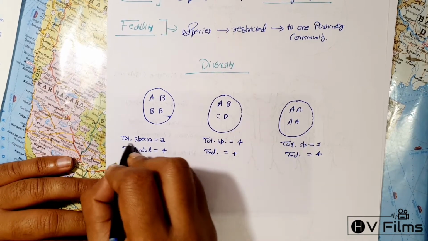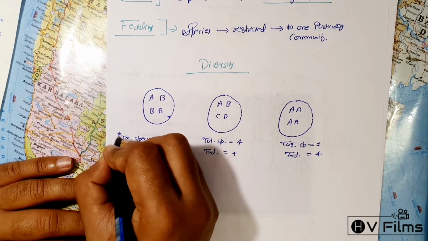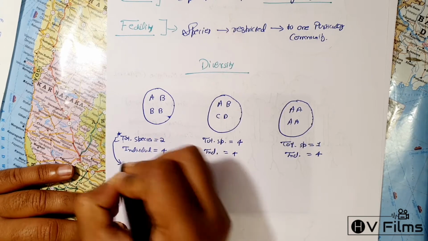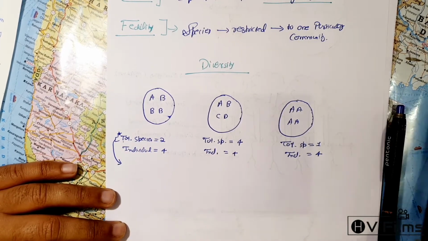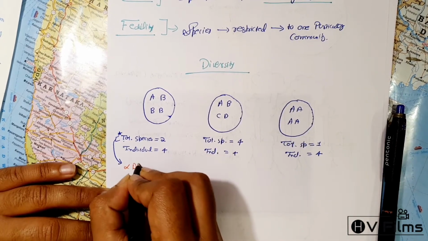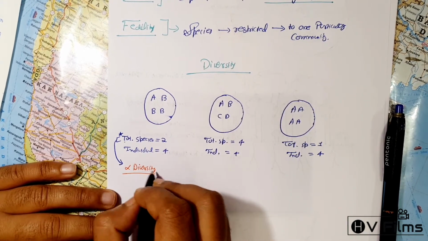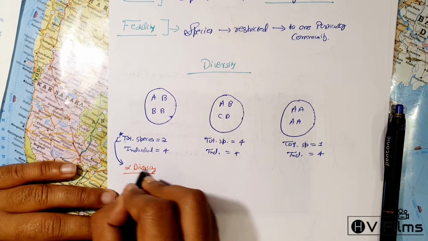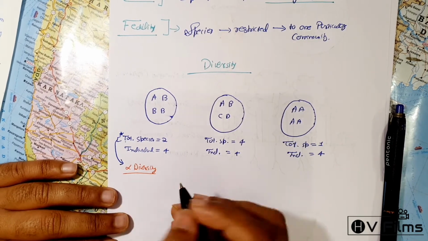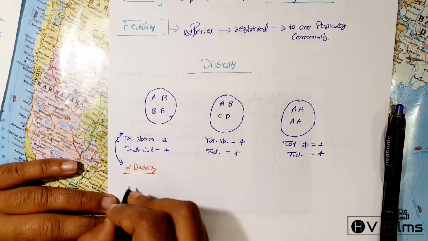Now these rich species are defined as alpha diversity, or I can say these are what we call alpha species. Alpha diversity and alpha species can be used interchangeably each and every time.